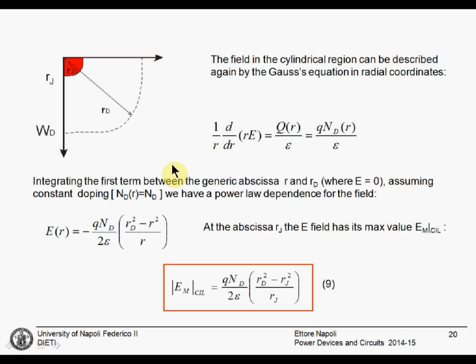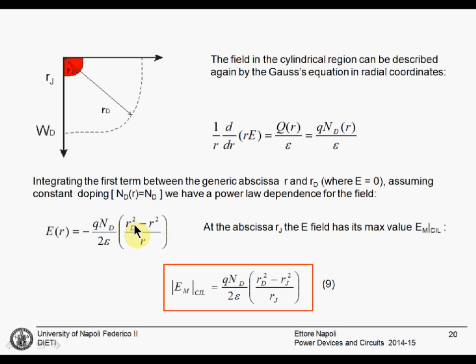The integration is not difficult. In the end, you get this relation for the electric field as a function of R. That is minus proportional to the doping divided by the epsilon proportional to Q. These are physical constants. These are not important.